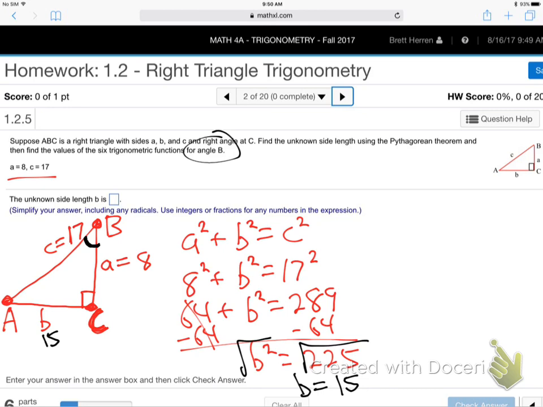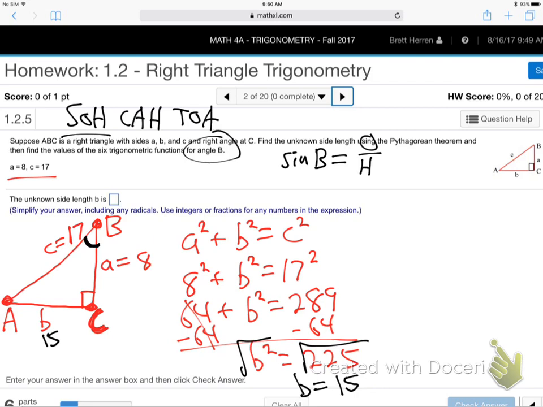So in other words, they want you to now find the sine. Let's start with the sine. The sine of angle B, meaning the angle at point capital B. Remember SOHCAHTOA. So sine is opposite over hypotenuse.